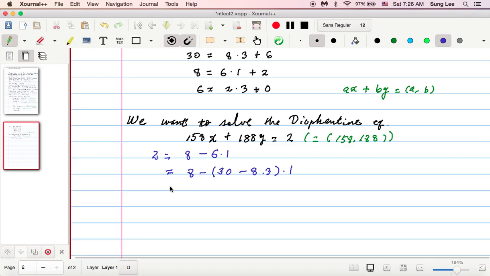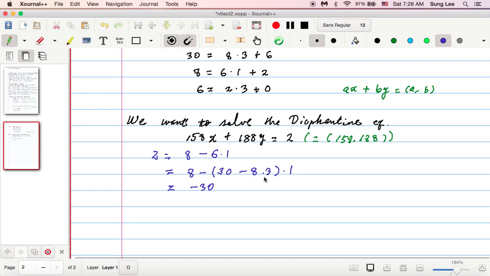Now this simplifies to negative 30, and then 8 times negative negative, that becomes positive.